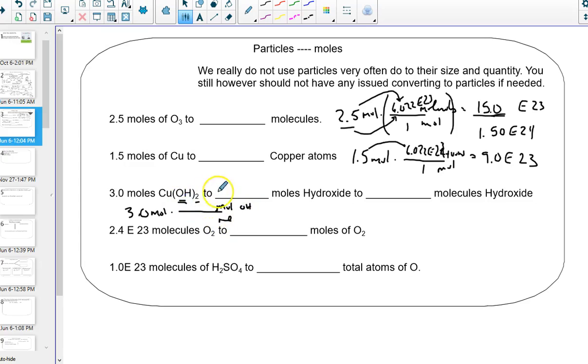So basically, I'm going off of a chemical equation that looks like this, producing 1 copper and 2 hydroxides. Sometimes kids like to see that. We're going to get 2 of those guys. So 1 of those gives me 2 of these. And this gives me my moles of hydroxide. 2 times 3. Remember, on top we're multiplying. Top you multiply, bottom you divide. So the answer is just 6.0 moles of hydroxides.